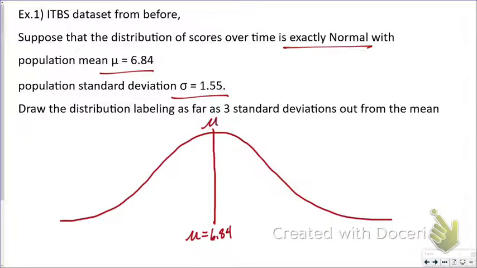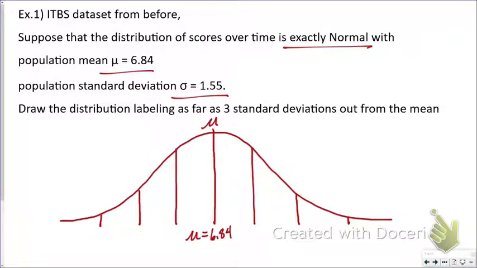So we're going to need a calculator for this. We want to label 3 to the right and 3 to the left. Because most normal distributions have at least 3 standard deviations to the right and to the left.